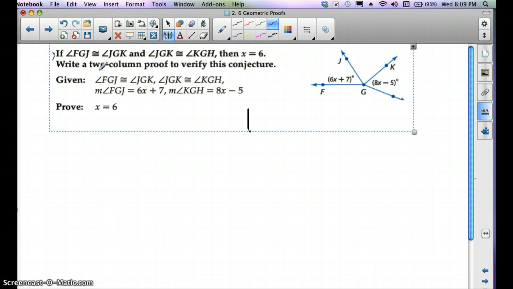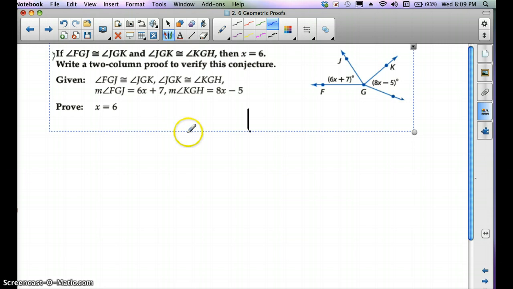So here is an example of a geometric proof. Algebraic concepts, but we tack it on with geometry here. So I think we did this last chapter as well. We're trying to solve for x. We're going to prove that x equals 6. So I just want you to look at this and, using your prior knowledge from chapter 3, how would you go about solving this?